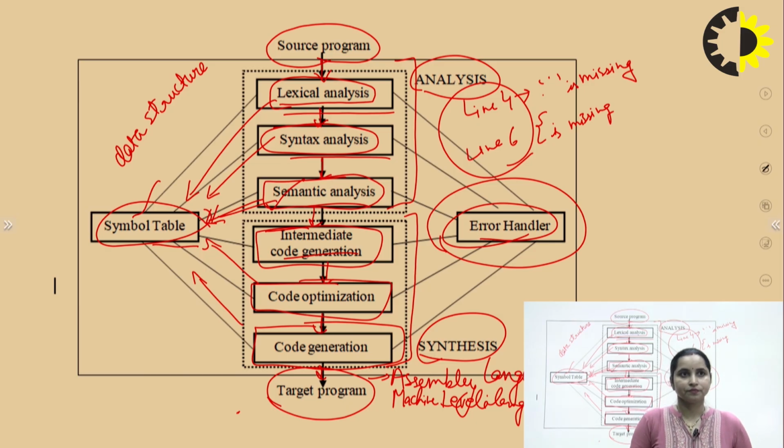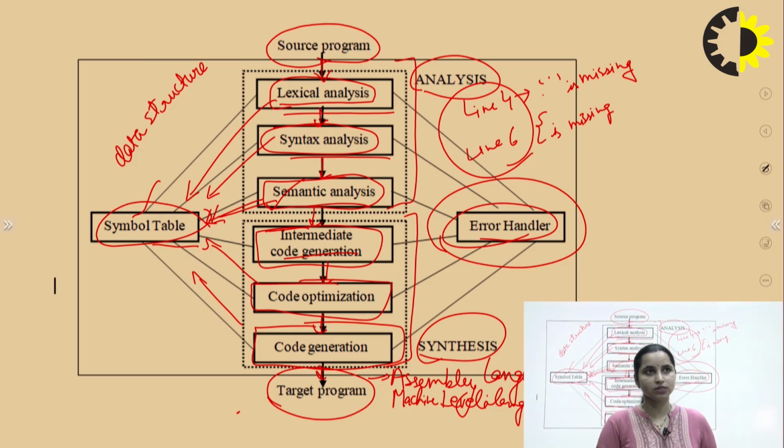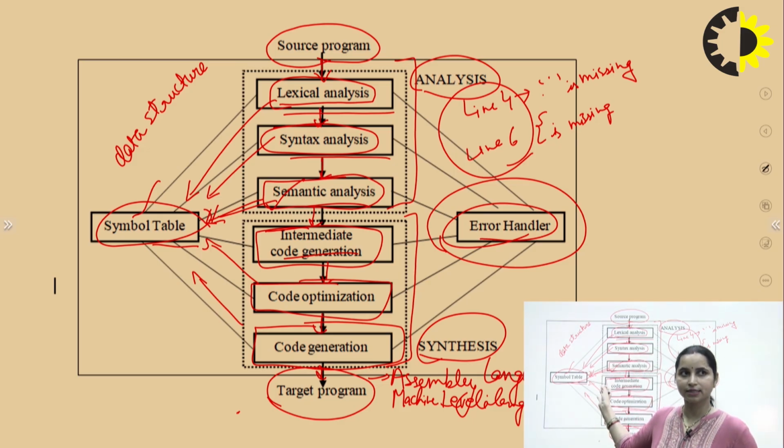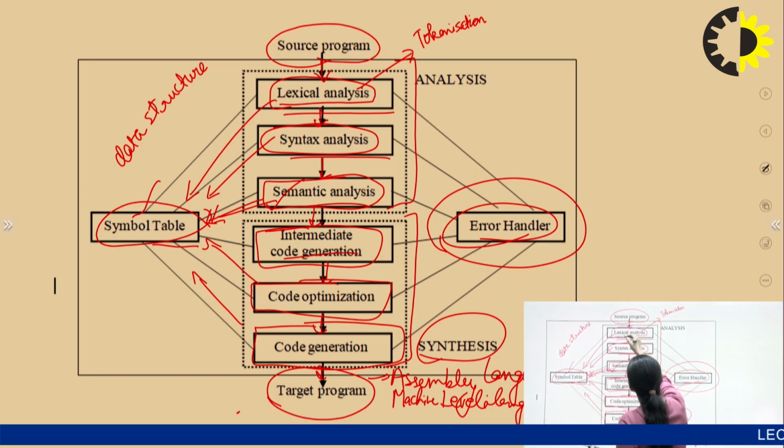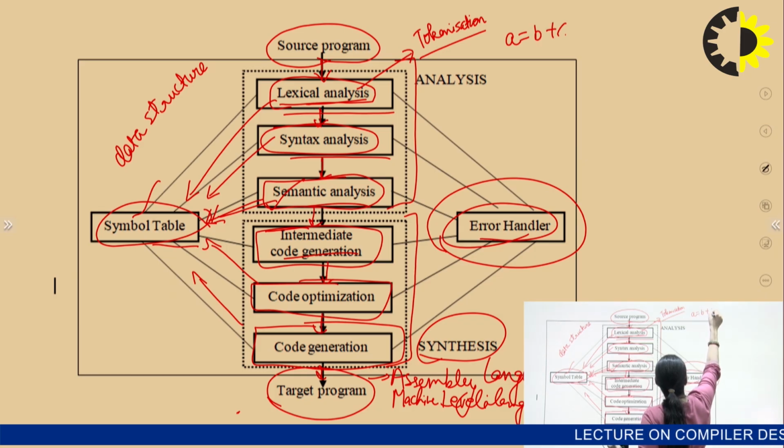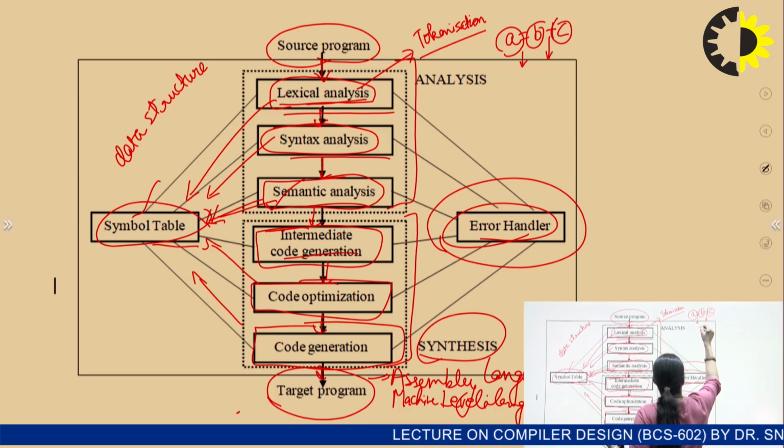And I think we'll continue in the next lecture about all these phases: lexical analysis, syntax analysis, semantic analysis, intermediate code generation, code optimization, code generation. So in lexical analysis, we do tokenization, right? Suppose we have written A = B + C. Each and every variable, each and every symbol, operator, is a token.